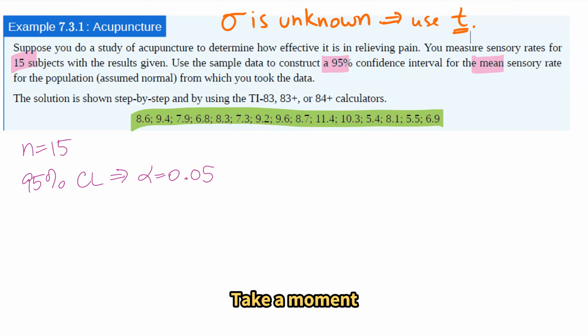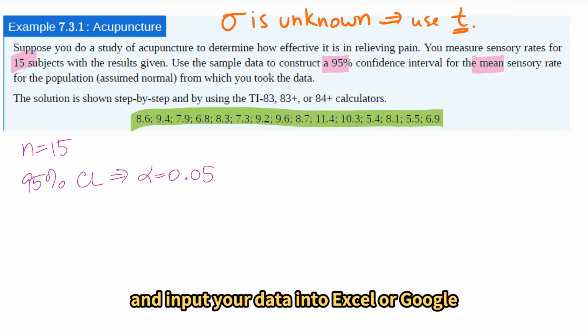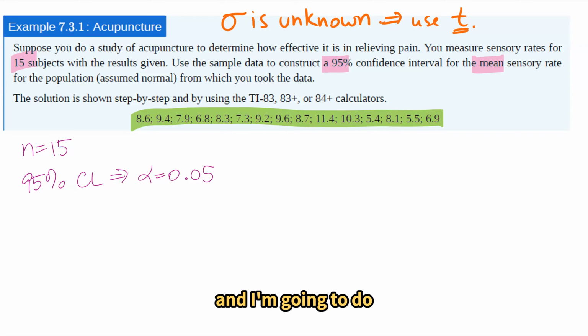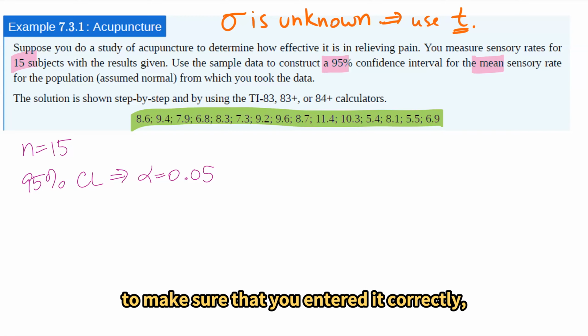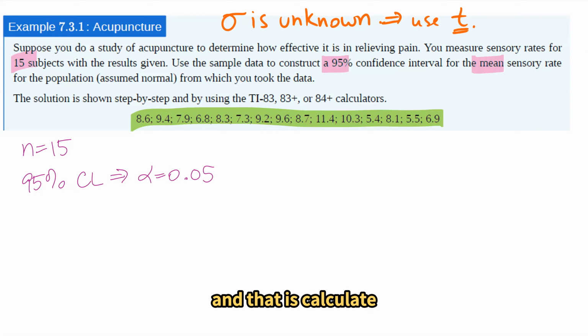Take a moment, pause the video, and input your data into Excel or Google. And I'm going to do a really quick check that you can do to make sure that you entered it correctly. And that is calculate the sum.